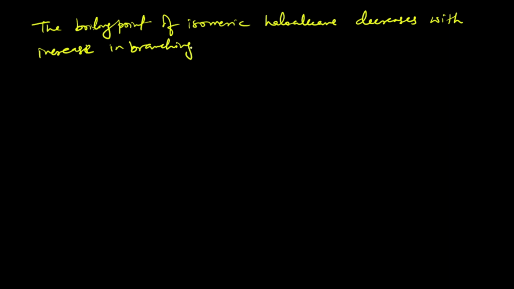We have already discussed this, right? So take those examples for the isomers and put them over here. The second point, after this example, you can write: boiling points of isomeric dihalobenzenes.